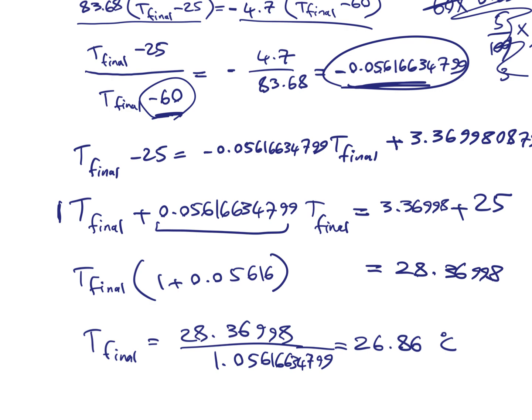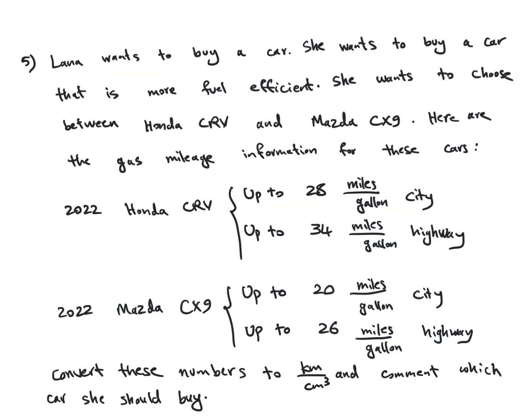Okay, let's go to the last question. I talked about gas mileage in the class, and when you want to buy a car, or in general, if you look at your car, it has a gas mileage, which is miles per gallon, meaning that for 1 gallon of fuel that it burns, how much a car can go.